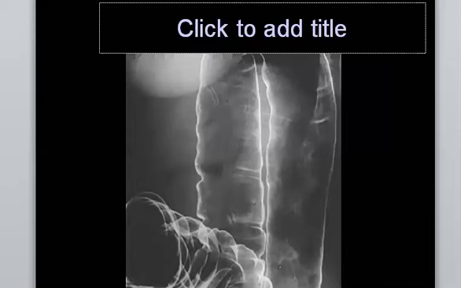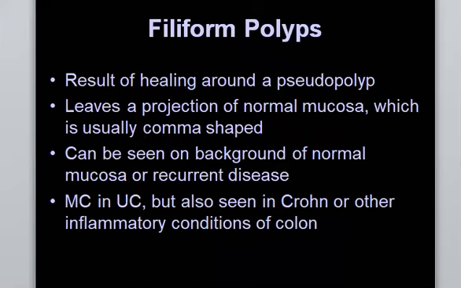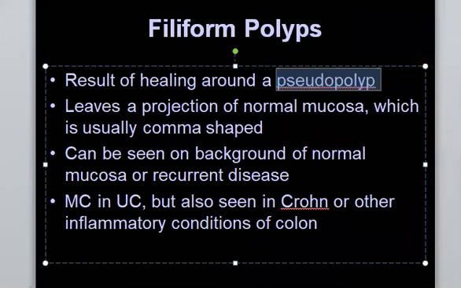Yeah. Again here, what is called like, let's have a look. Filiform polyps. Yes, this is like filiform polyps. And I agree with you, pseudopolyposis.